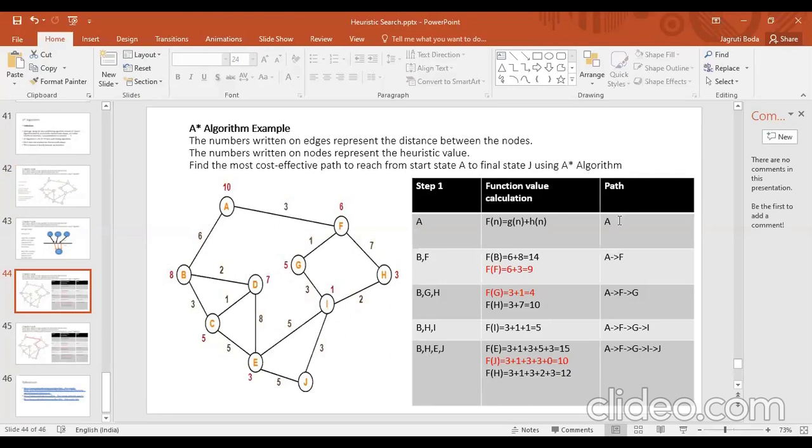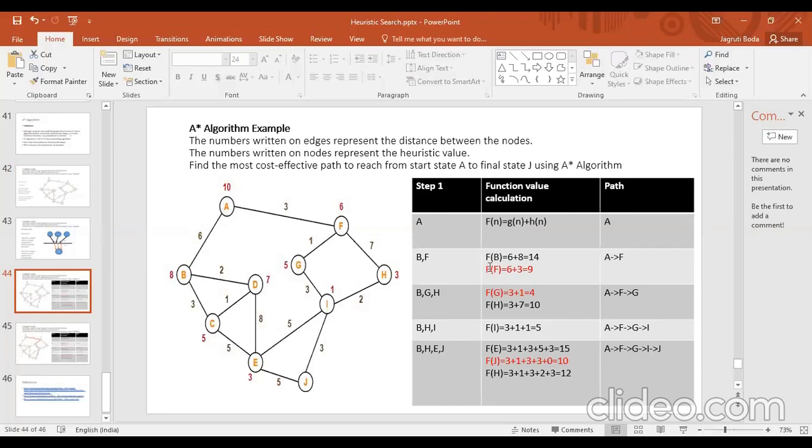Okay. Now we check the successor of A. What are the successors of A? B and F. Okay, B and F are the successors of A, right? Now our function is g of n plus h of n, right? So how to calculate g of n and h of n?